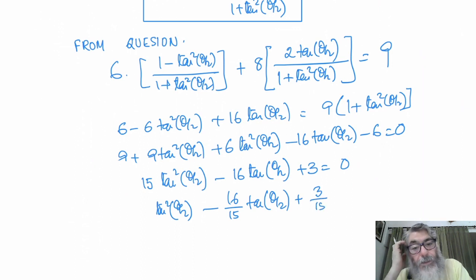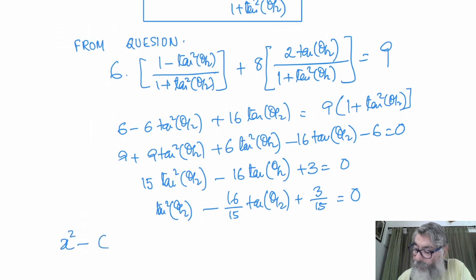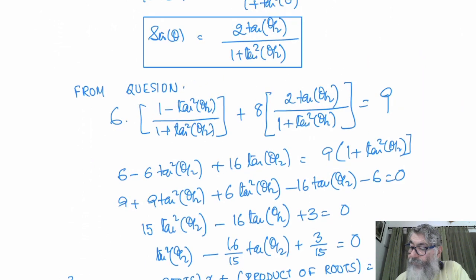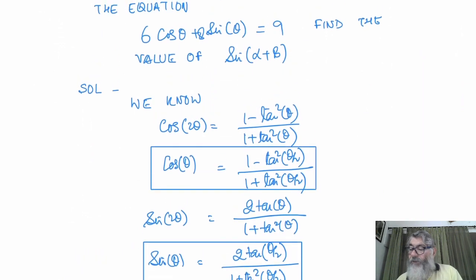Now again it is x square minus sum of roots into x plus product of roots. It's a quadratic equation. Like in the previous question, it is again a quadratic equation where alpha and beta were given. Here alpha and beta are two different values of theta lying between 0 and 2 pi.